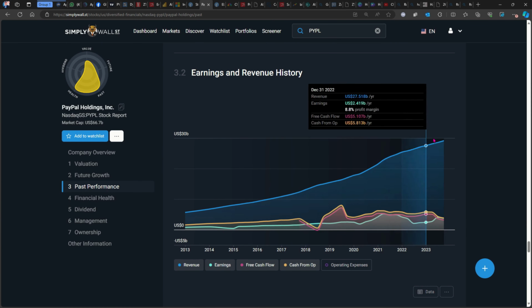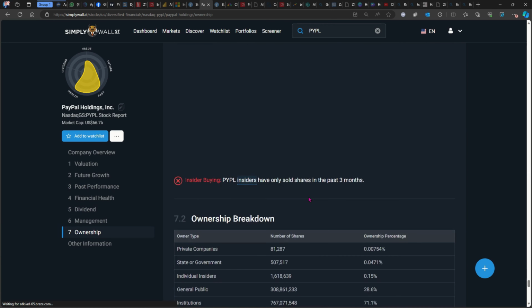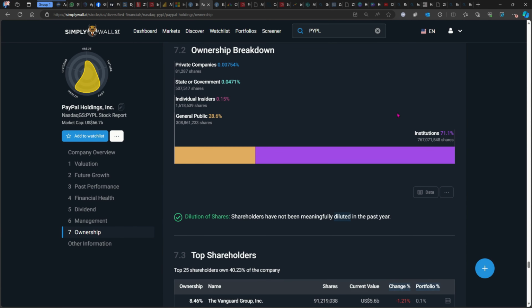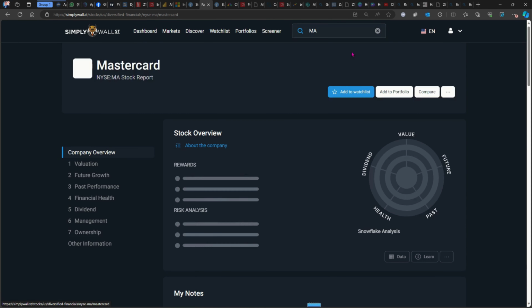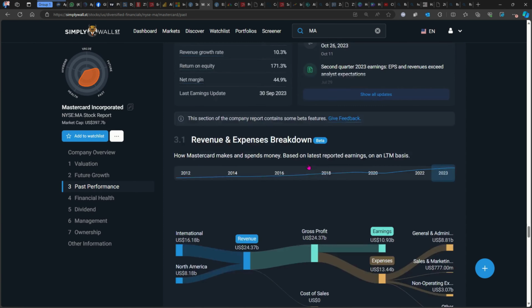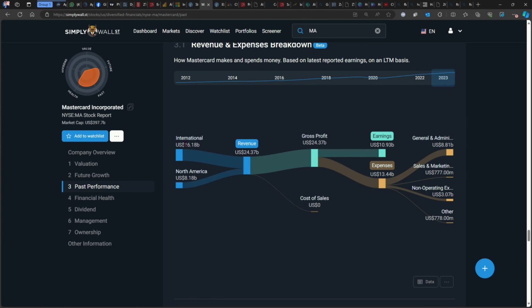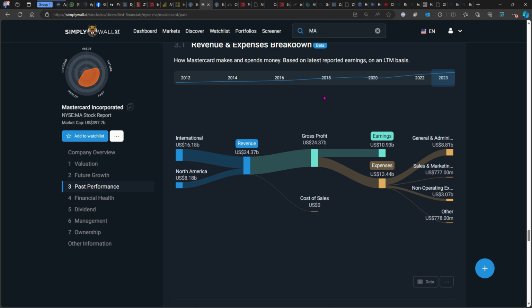Yeah, it always has consistent revenues. So yeah, it might attract some buyers. Institution buyers are now at 71%. But compared to Mastercard, I would say, well, see, international market is about 16%. This is a very good sentiment.